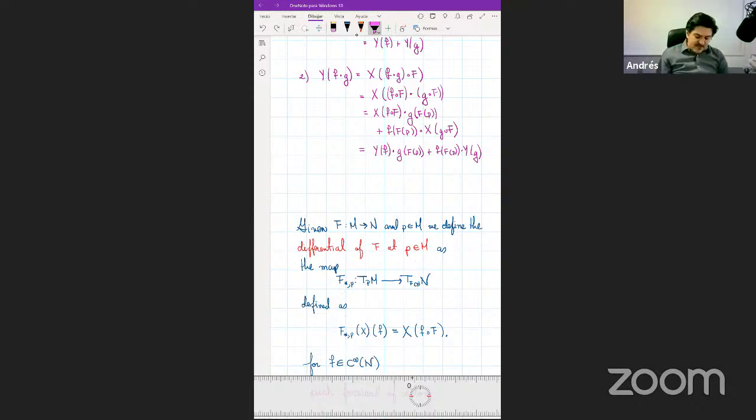Okay, so every time that I have a smooth map, I fix any point, any base point on the domain, and I will get a map between the tangent spaces at P and at f of P. The definition is given by this formula here.